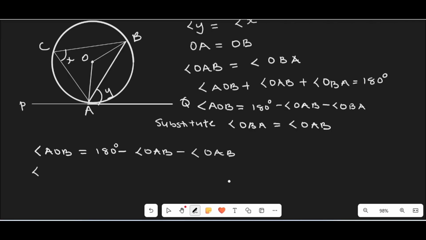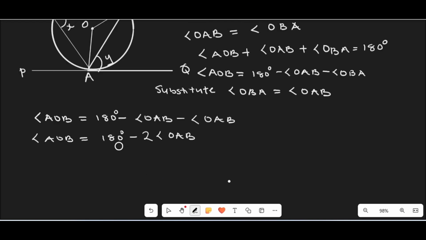So our angle AOB equals 180 degrees minus 2 angle OAB, because minus angle OAB minus angle OAB will give us minus 2 angle OAB. Let us factor 2 from the right hand side. Our angle AOB equals 2 bracket 90 degrees minus angle OAB.